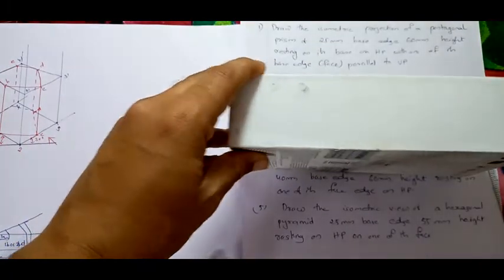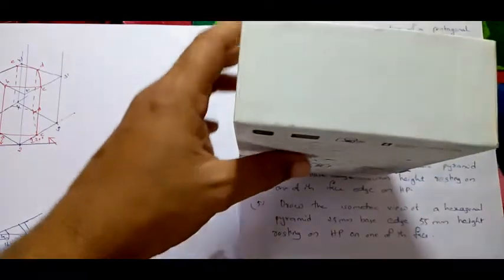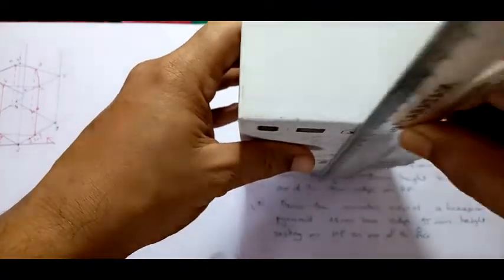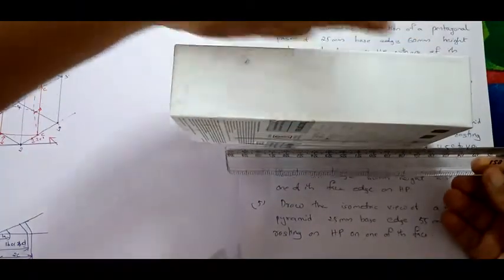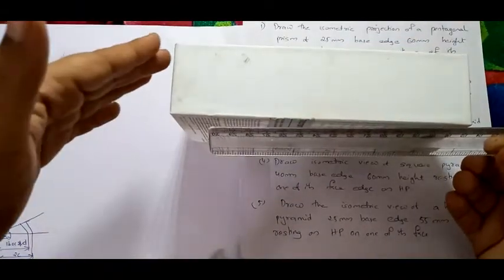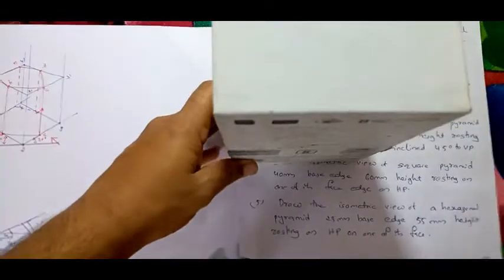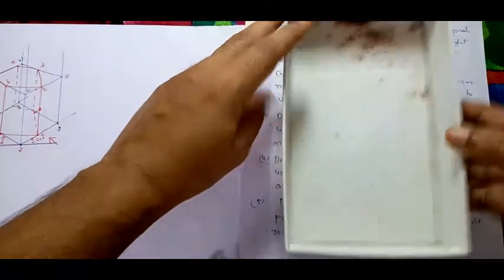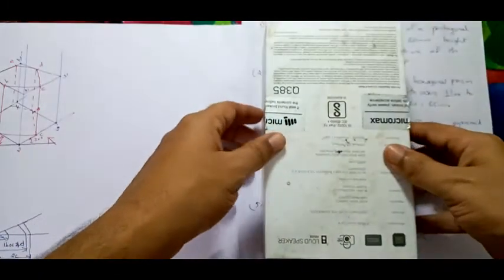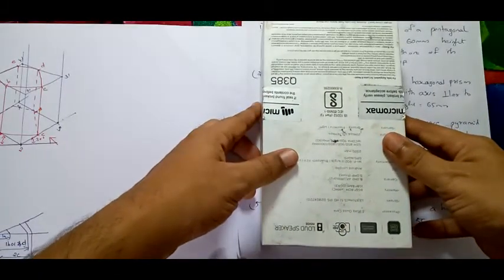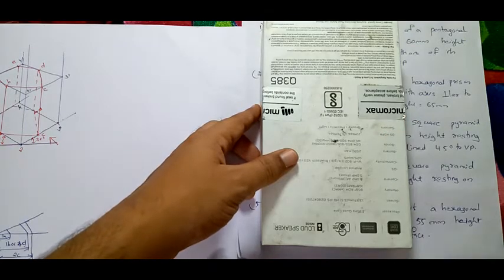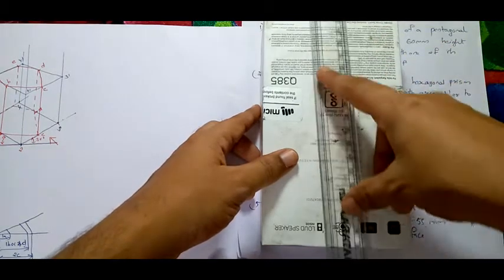This is your axis, right? If you are rotating like this, your axis is parallel to VP. Instead, if you are rotating like this, now your axis will be like this, that is perpendicular to VP.